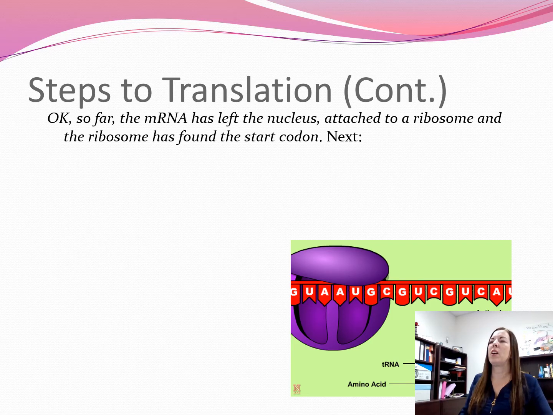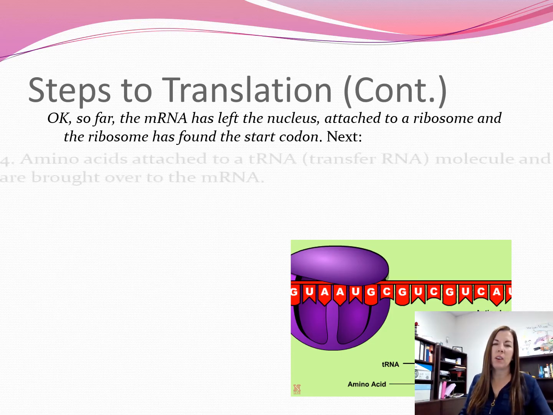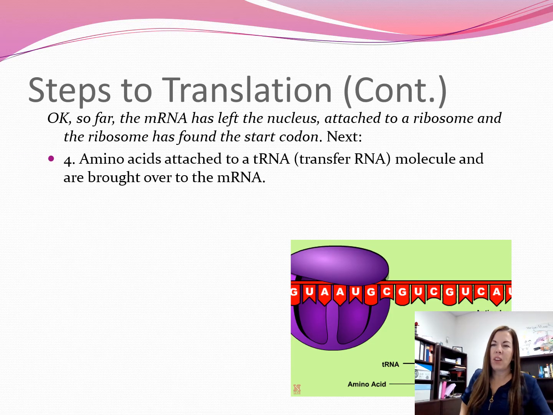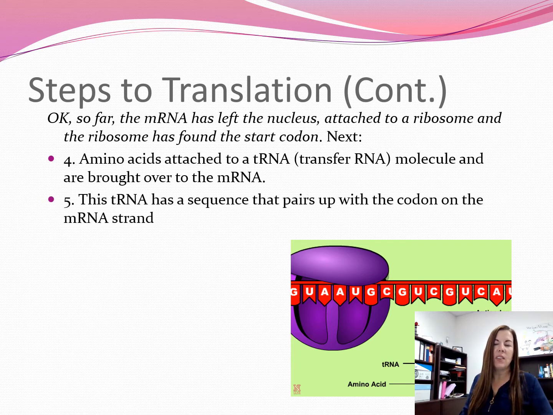So far, mRNA has left the nucleus and attached to a ribosome. The ribosome found the start codon. Then an amino acid is attached to a transfer RNA molecule and brought over to the mRNA. This tRNA molecule has a sequence that makes complementary base pairs with the codon in the mRNA strand.